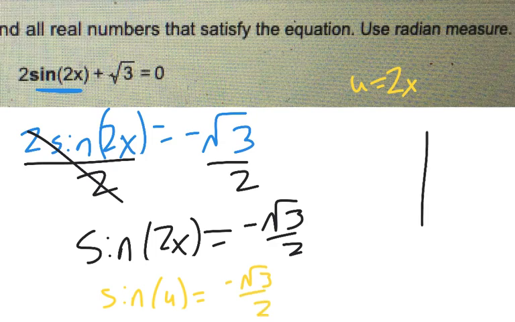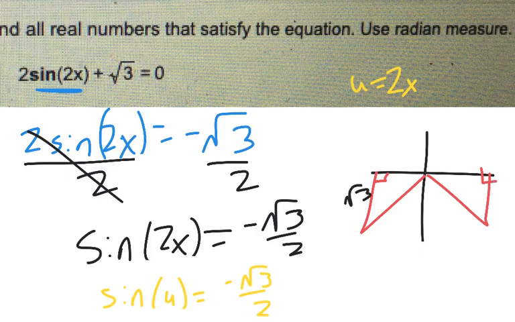Now because that is a negative ratio, sine is negative in the third and the fourth quadrants. And sine is the opposite over the hypotenuse, which means the reference angle is a 60-degree reference angle in both of those quadrants.